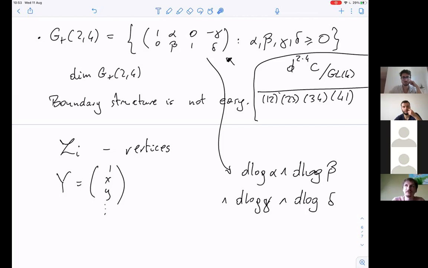It has to be every transformation which preserves the boundaries of G plus 2, 4, right? So it's like a reparameterization of it. And I don't know a very simple proof that that's the case. Okay, I see. In whichever parameterization you write it, you'll find exactly the same set of boundaries and exactly the same set of singularities of your differential form. And that shows you that this form is the same form, just written in different coordinates.